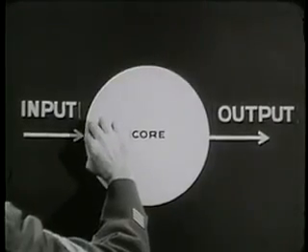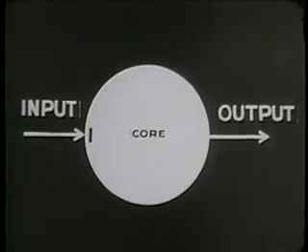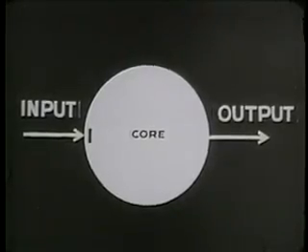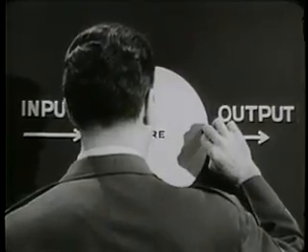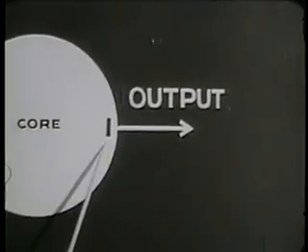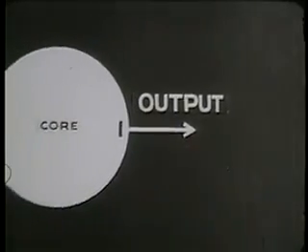A binary digit inside the core indicates its state, 0 or 1. If the bit is placed in front of an input arrow, it shows the state to which that input will set the core, in this case, 1. A bit placed behind an output arrow means that when the core is switched to this state, an output will be induced. Here the core must be switched to 1 for an output to occur.